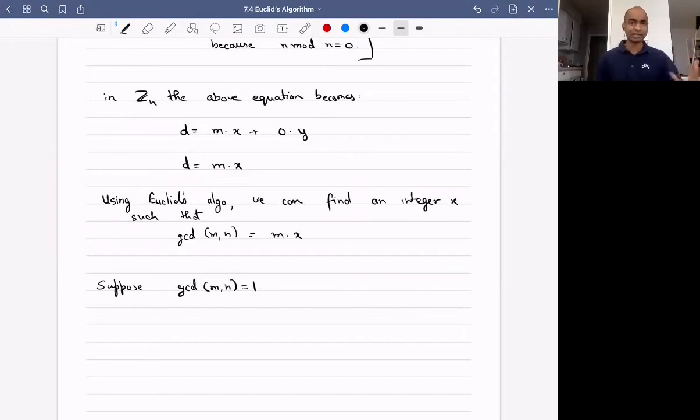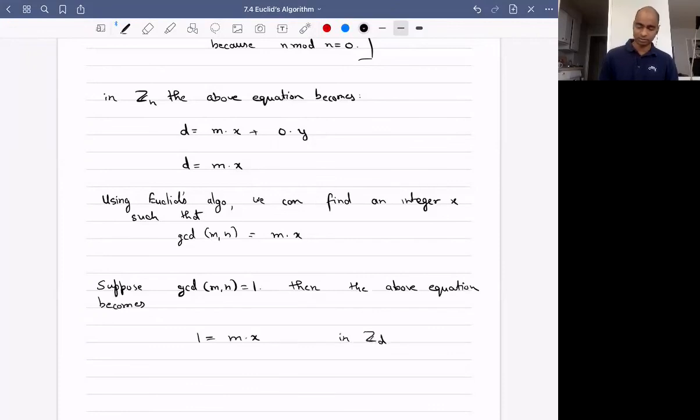So if you have this extra special condition, then the above equation becomes 1 is equal to m times x in Z mod n.